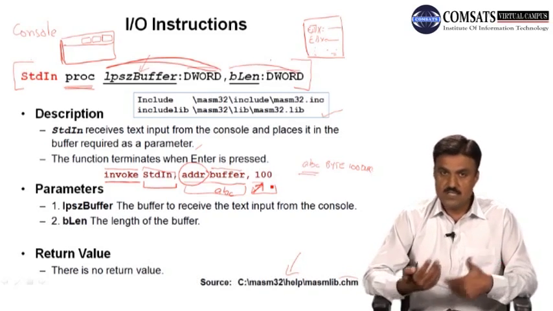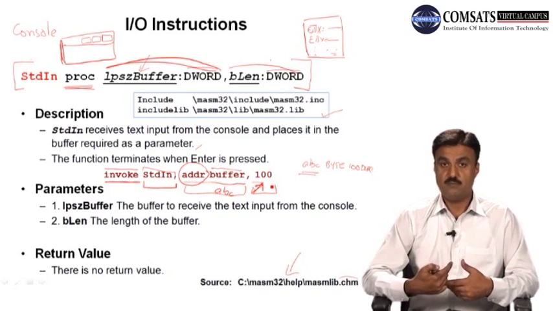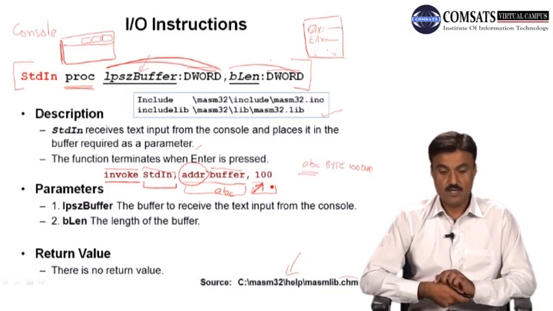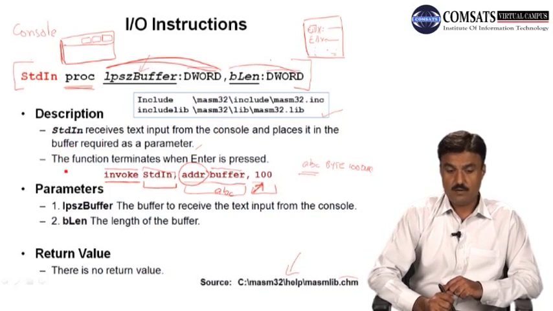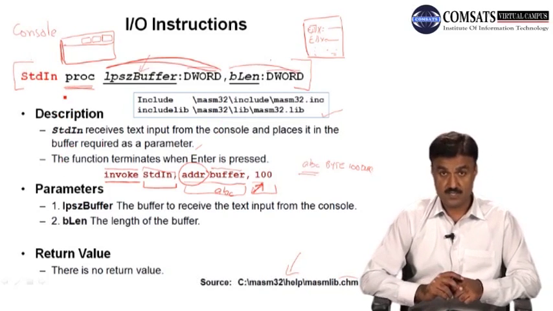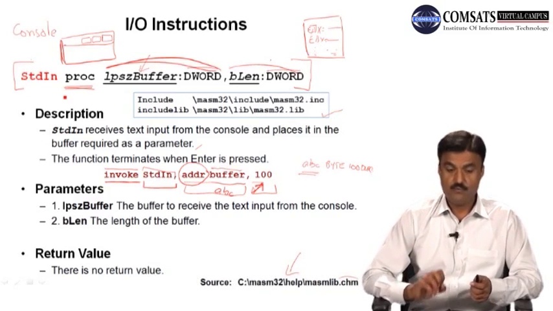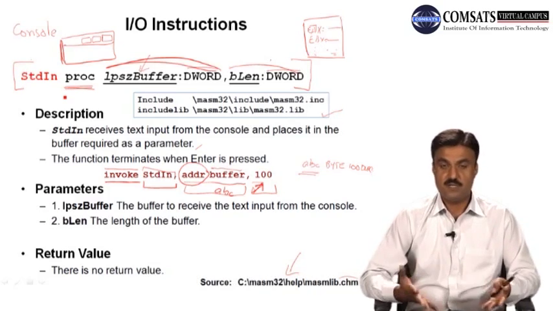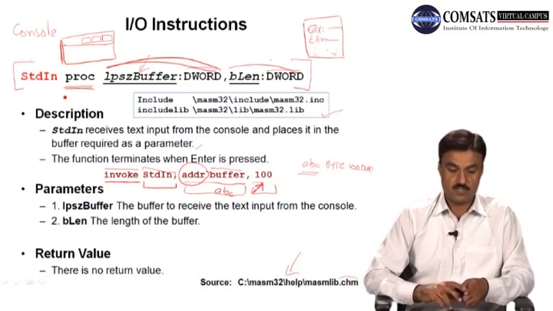When we receive input from the keyboard or from an input device, it must be directed towards this area. This procedure will not terminate until you press the enter key. When you press the enter key, the procedure will be terminated, and it will exit from this procedure.